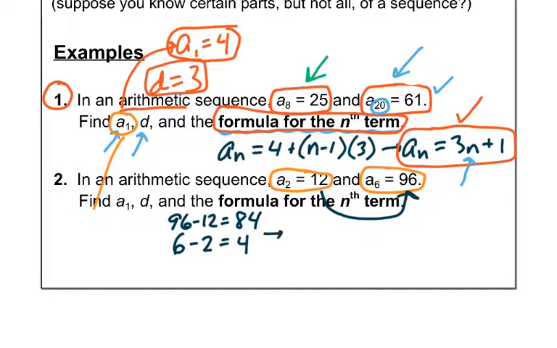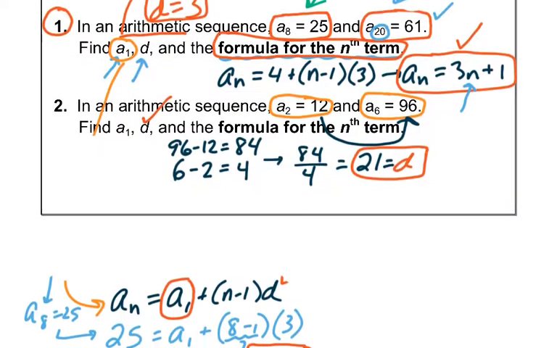So therefore, total distance I traveled divided by how many steps it took would be 21. And what does that equal? That's our D value. So that means every step we took was equal to 21 overall. Okay, D value, check. Is that what you got?